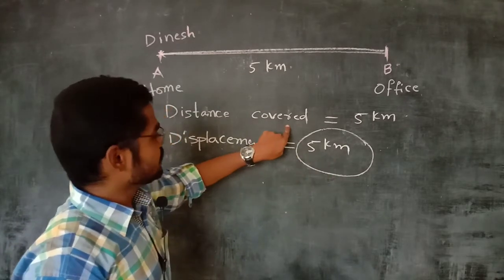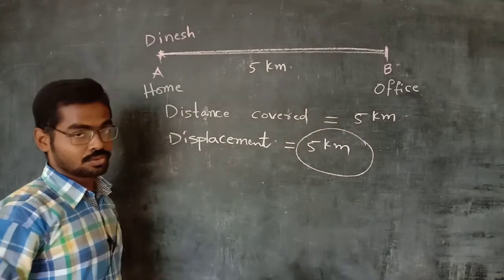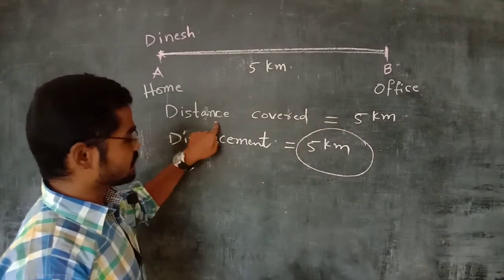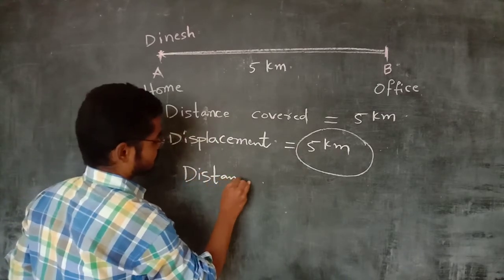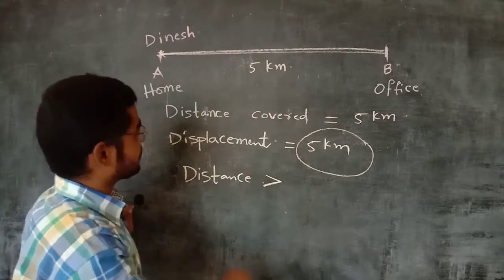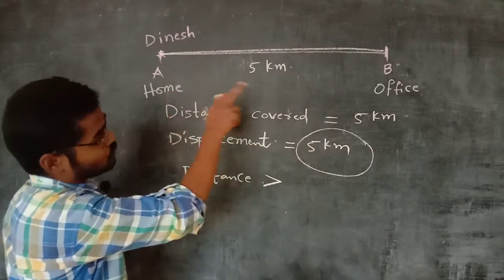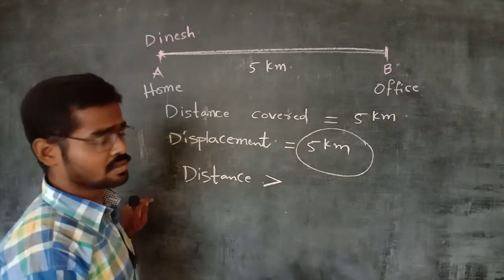And what is the distance? It is always positive. And one more thing you might have observed or not, distance is always greater than or sometimes equal to displacement, like in this case when Dinesh has reached from his home to office, distance is 5 kilometer and displacement of Dinesh is also 5 kilometer.